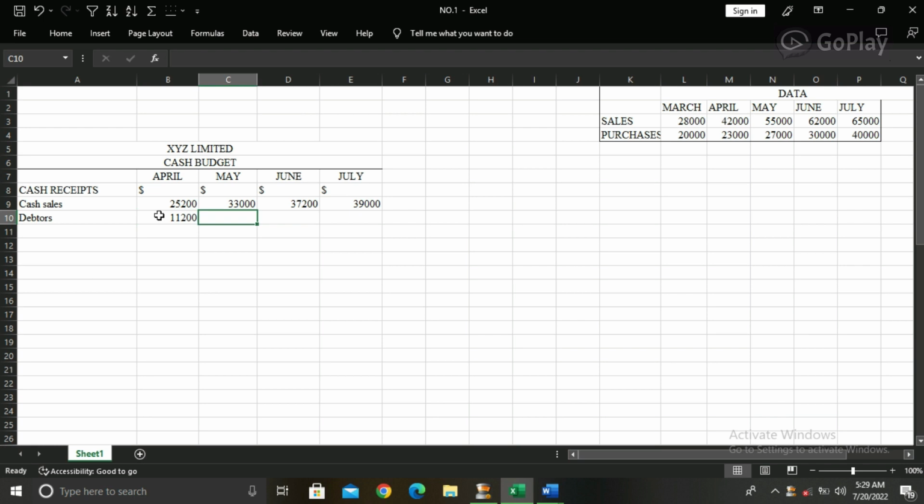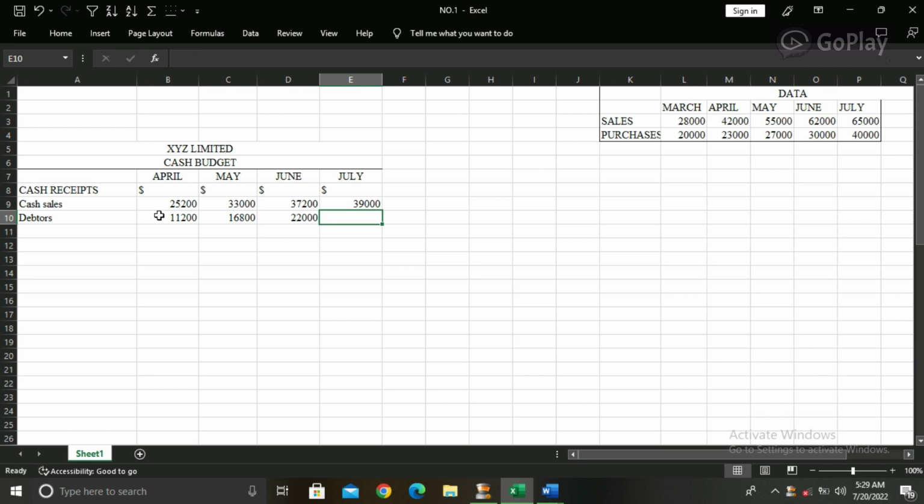We will have 16,800. Then 40% of May will be collected in June. So that one we have 22,000. And by progressing, we move to July. Then 40% of June sales will be collected in July.